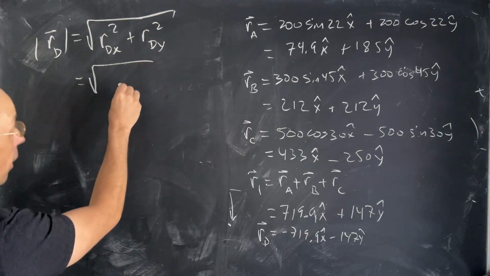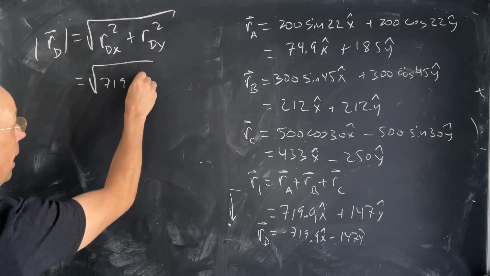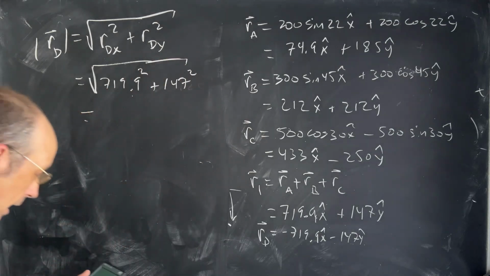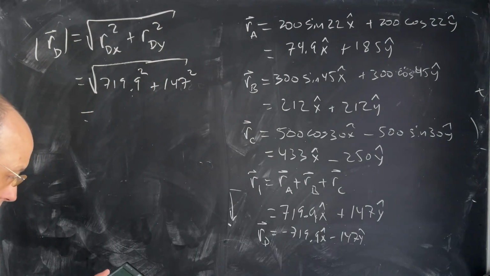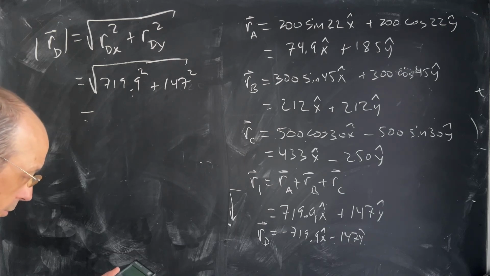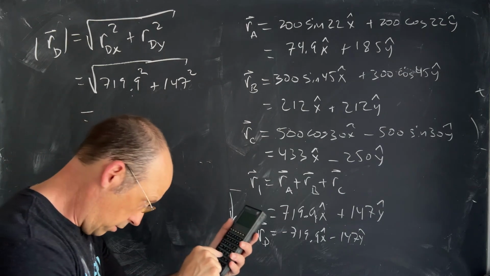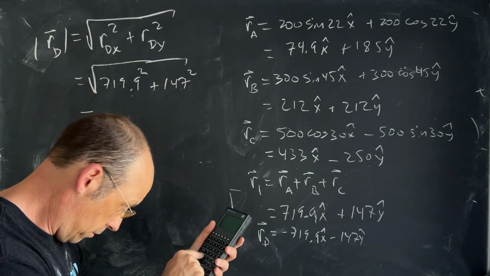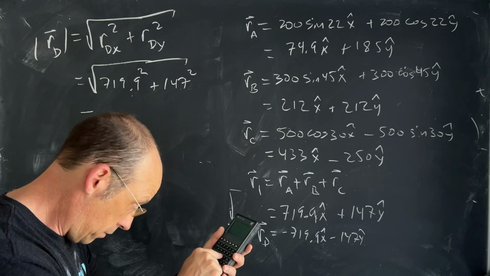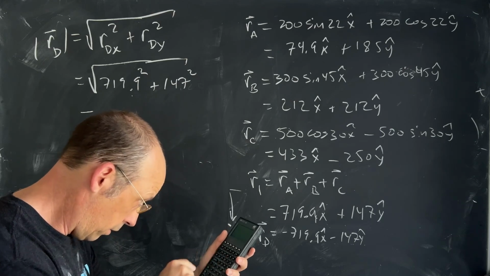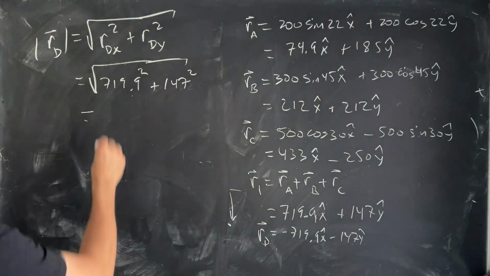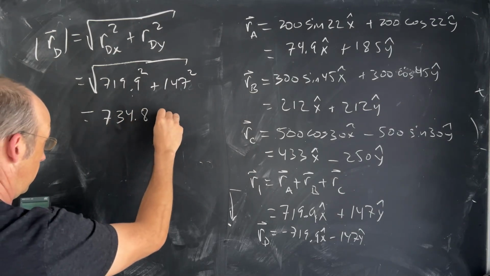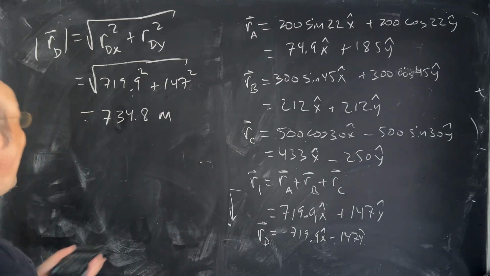So this is going to be the square root of 719.9 squared plus 147 squared, and I get 743.8 meters.